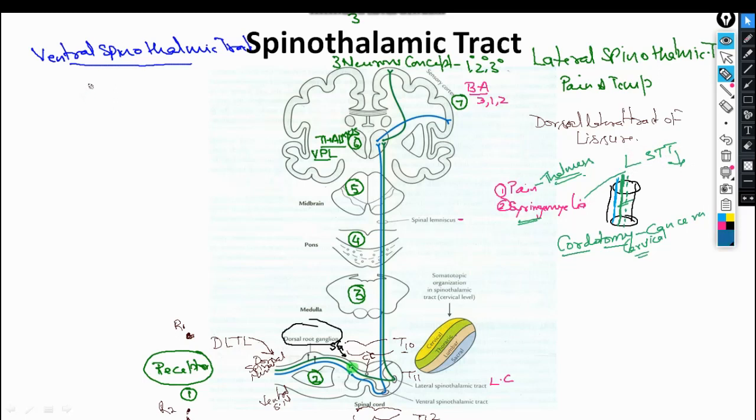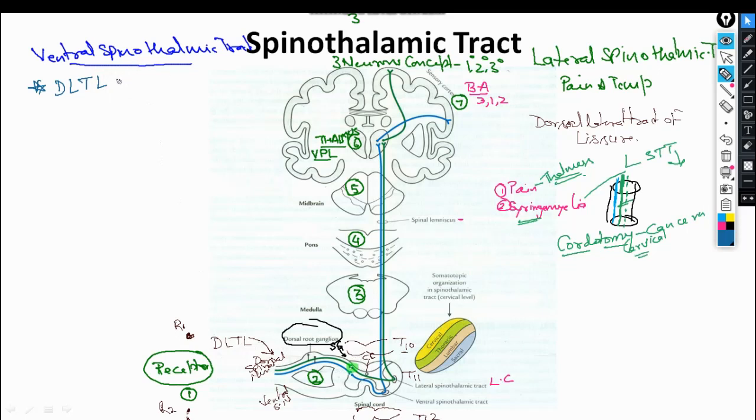Now we will understand this ventral spinothalamic tract. See, this ventral spinothalamic tract follows almost the same course as that seen in the case of the lateral spinothalamic tract, but there are a few points that you have to remember where it deviates from the course of the lateral spinothalamic tract and why. First, you have to remember one point regarding the dorsolateral tract of Lissauer. In the earlier one you have seen that it can either descend or ascend one or two segments in the case of the lateral spinothalamic tract.